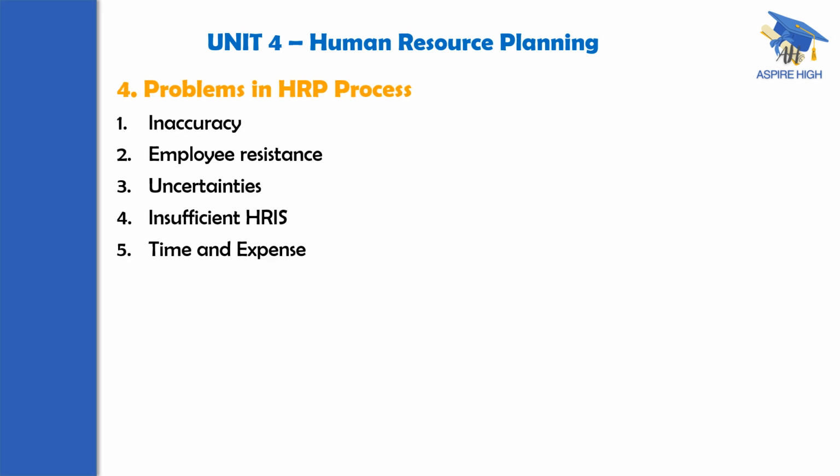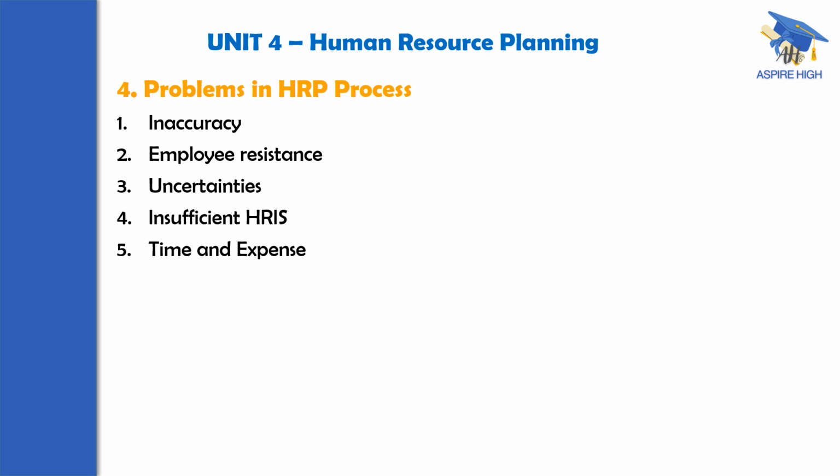The problems in the HRP process is another topic. There are 5 problems we have enlisted here from the examination point of view. They are inaccuracy, employee resistance, uncertainties, insufficient HRIS, and time and expense. Inaccuracy means, just now we have discussed 73 people are required, but we said that no, as per expert forecast that much is not required.